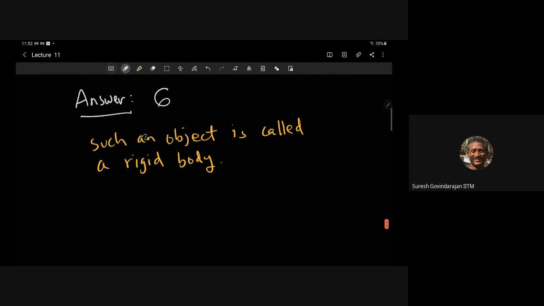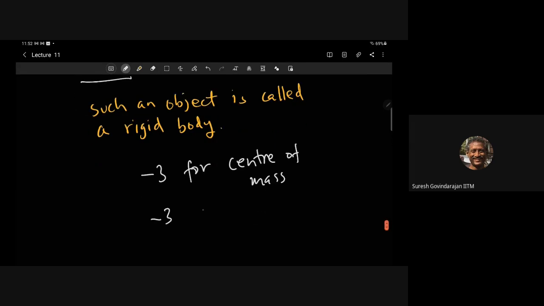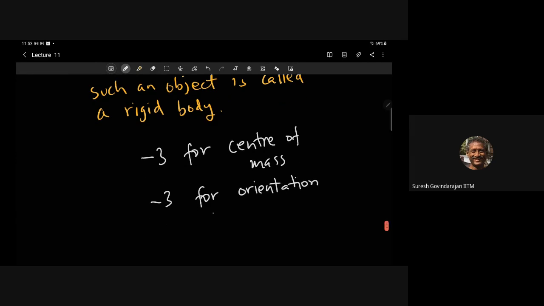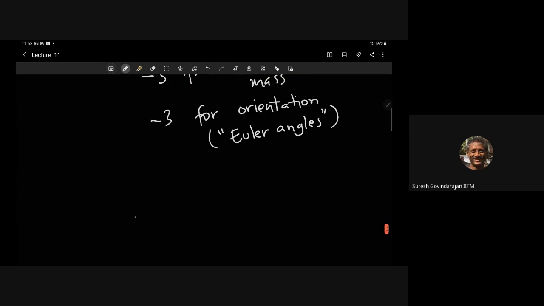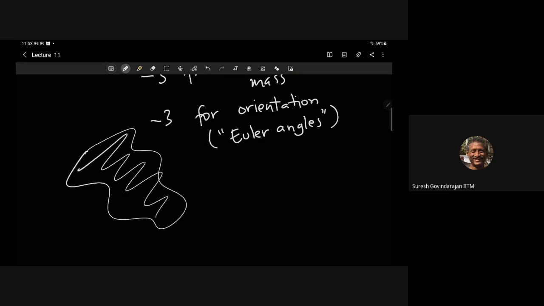For a rigid body, all mutual distances are fixed, so it's like one hard thing.